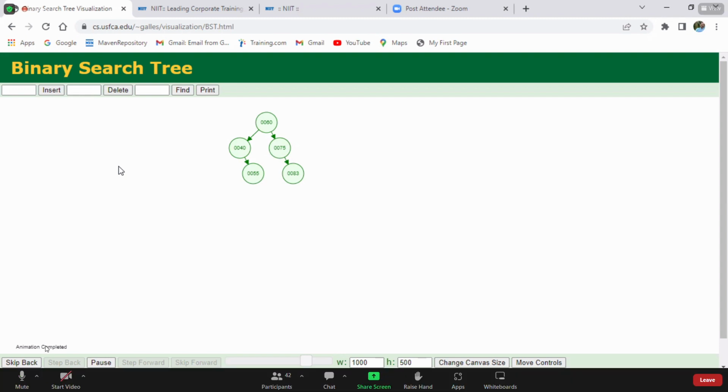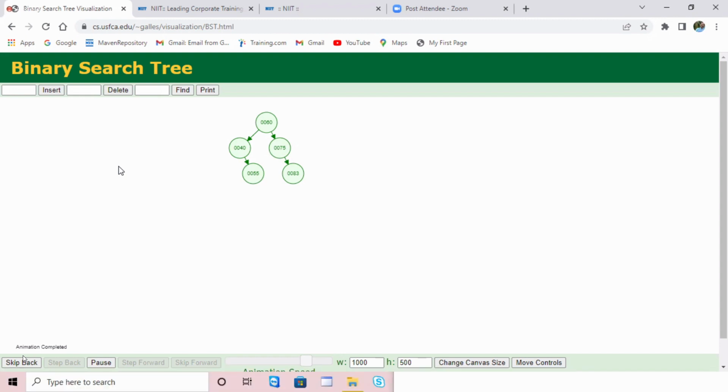Value less than the node. Very good. Between the children nodes, whichever has the minimum value is going to be treated as the parent.